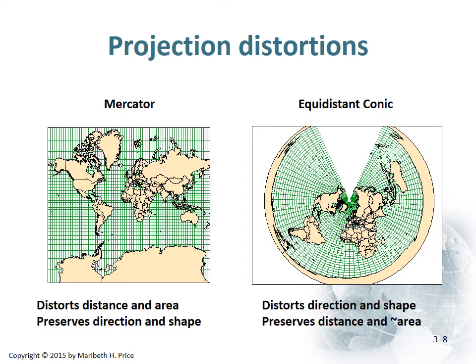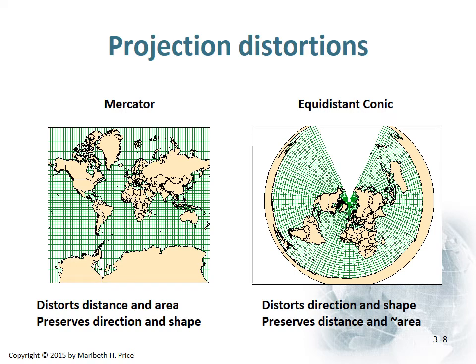So here, looking more at some distortions for different map projections. Mercator distorts distance and area, preserves direction and shape. So very good for navigation, not so good for comparing the sizes of different countries to each other, because of where those countries are located latitude and longitude wise.